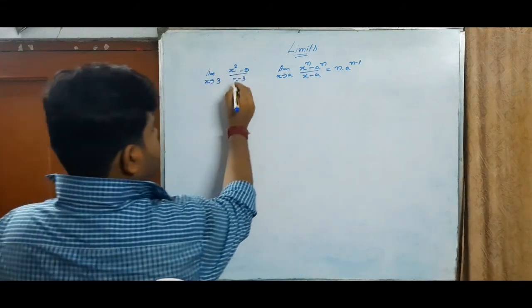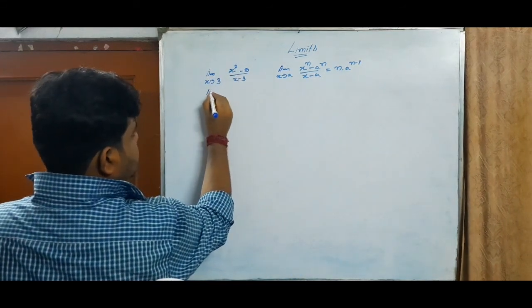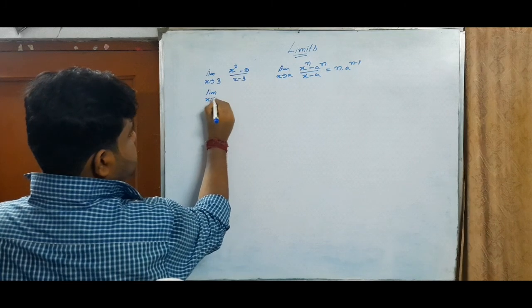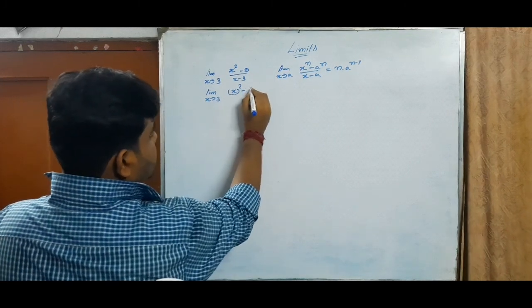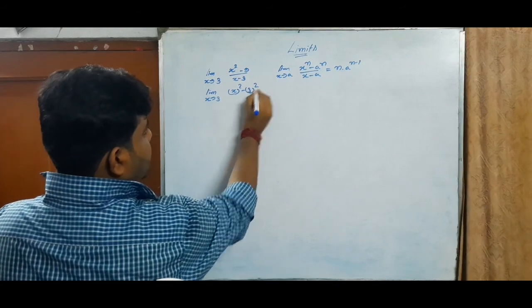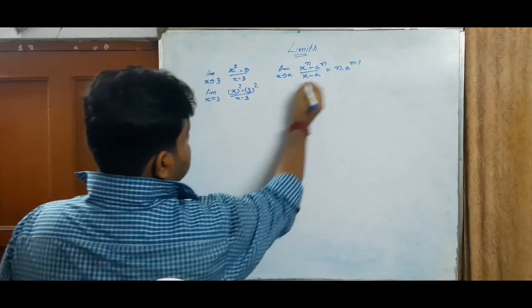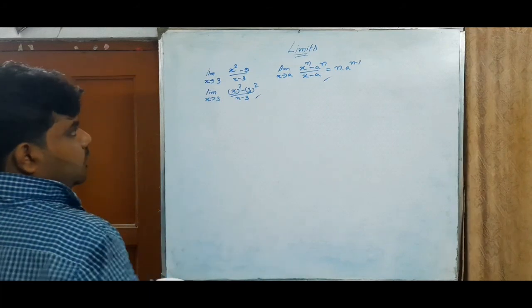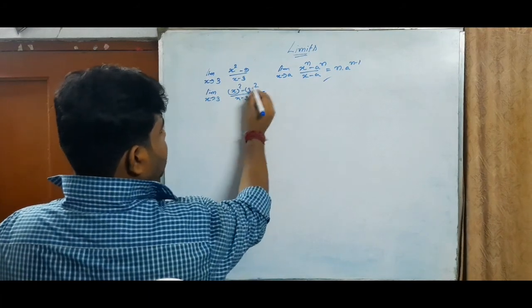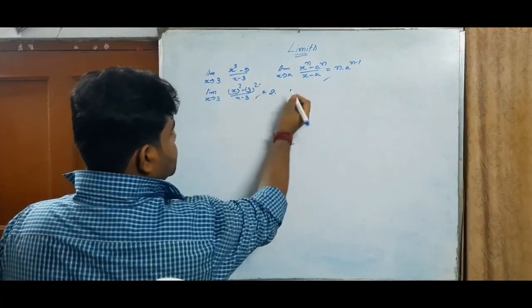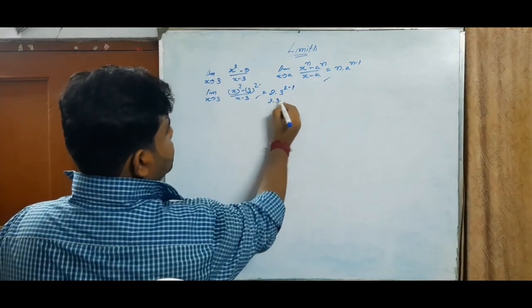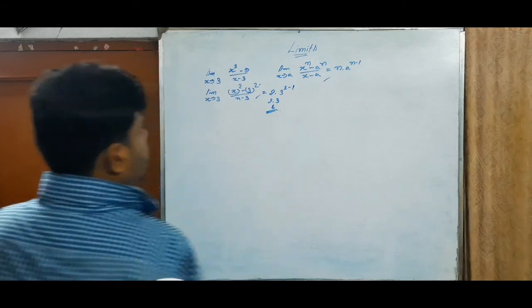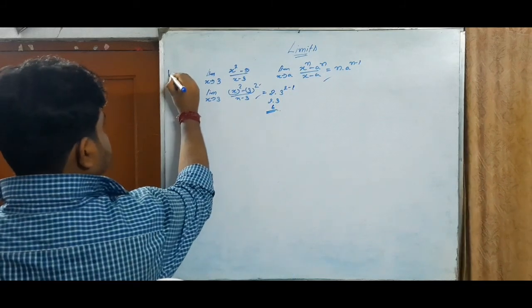Now we can write limit x tends to 3, that is x whole square minus 3 whole square by x minus 3. See, just this formula. So we can write n means here 2, that is 2 into 3 to the power 2 minus 1, that is 2 into 3, that is 6. Okay, first example.